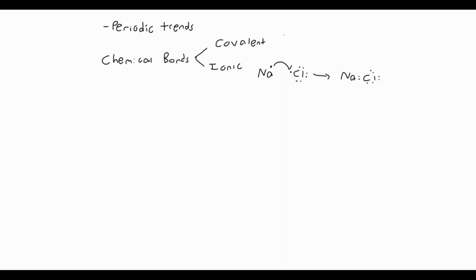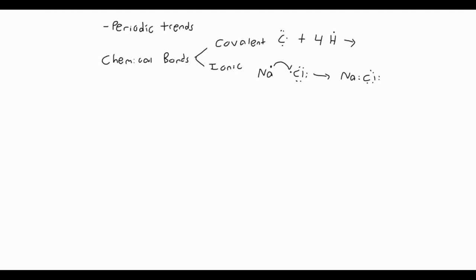Covalent bonds are when you have multiple atoms that share their electrons. So if we have a carbon atom, which has 4 valence electrons in its ground state, and then we take 4 hydrogen atoms, and neither of these really wants to, well, especially carbon, does not want to transfer its electrons at all, because that would make an extremely unstable carbon ion.